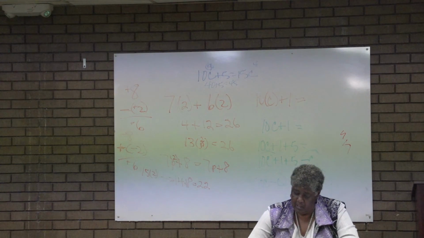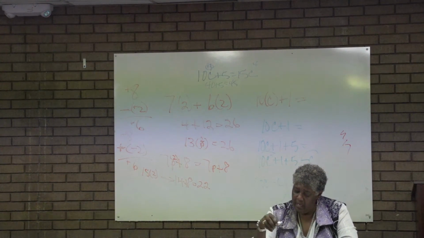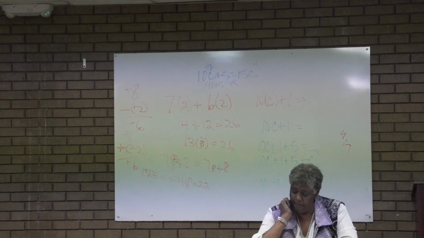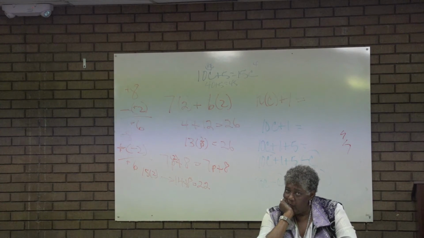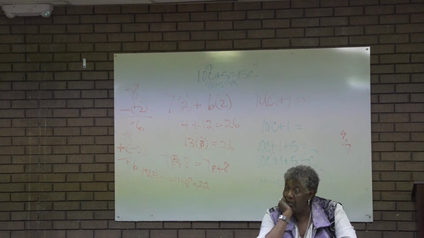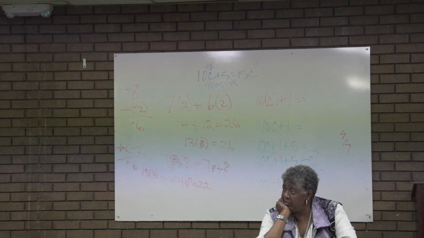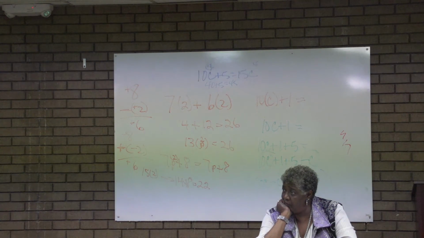Let's look at the next one there. You have an 8X and a minus 9X. So that's going to give you a what? What kind of X? Negative X. You went up 8, but you came down 9, right? So you're down to a negative 1. You follow that one?